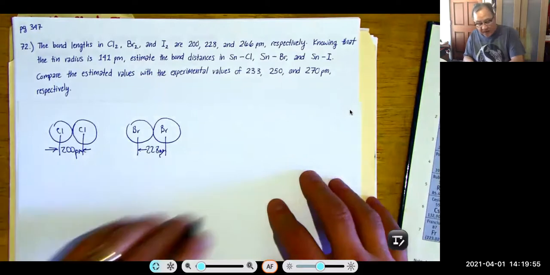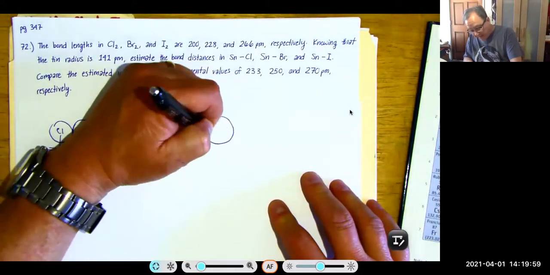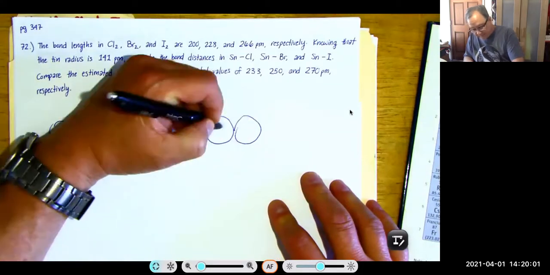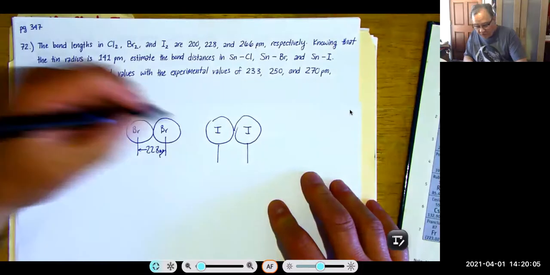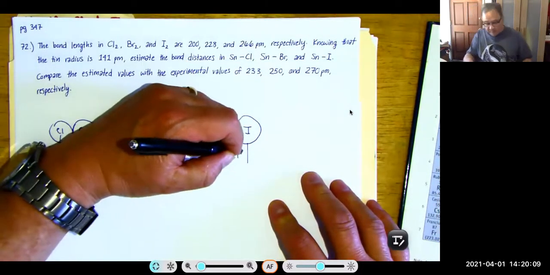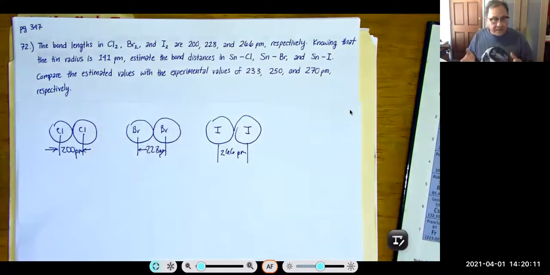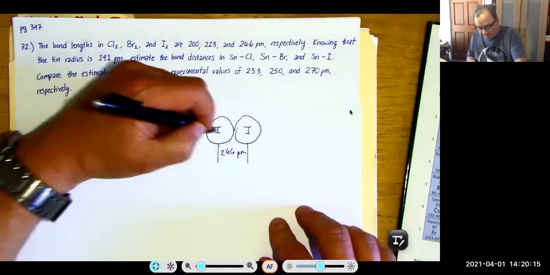And then for iodine, we have 266, so we're going to draw even larger atoms. So those are the bond lengths. The bond lengths are defined as being the distance between the two nuclei.